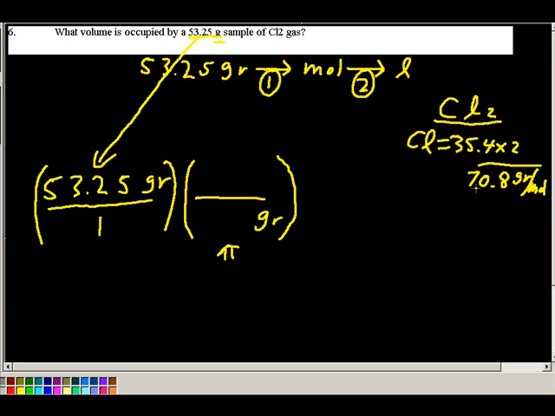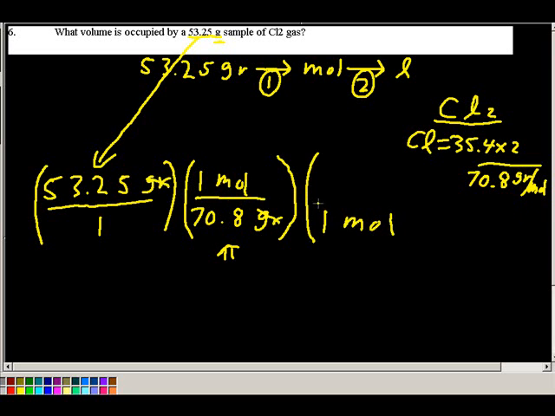So we know that 70.8 grams is a mole. So we're going to write down 70.8 grams is 1 mole. Our grams cancel, and cool. We've now moved into moles. We can't stop there. We want to go now into liters. So, if you have moles up here, 1 mole goes down here.